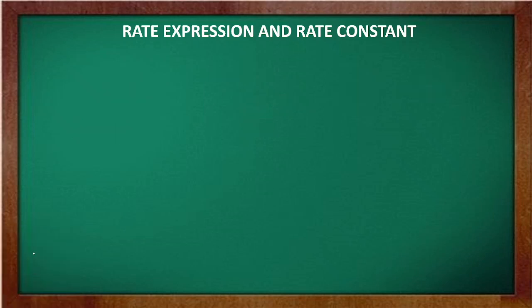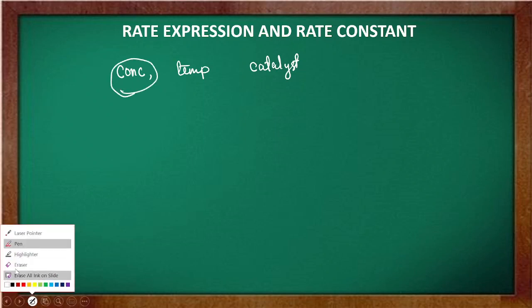Now we will learn what is rate expression and what is rate constant. Also, in the last class I told you that the rate of a reaction depends on three things: one is concentration, another is temperature, and the last is catalyst. First of all we will start with concentration, how concentration affects the rate of a reaction.